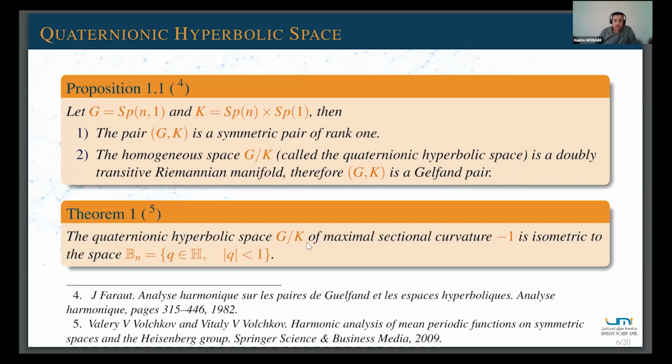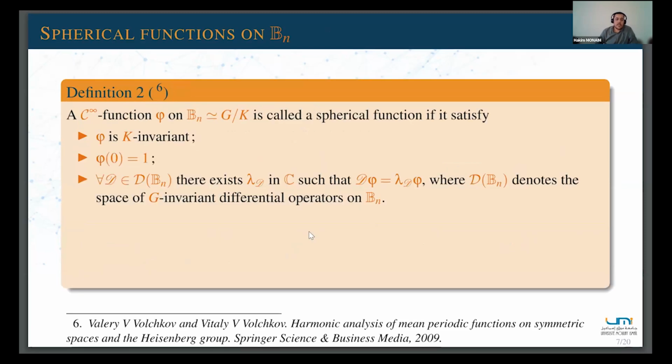The quaternionic hyperbolic space of maximal sectional curvature -1 is isometric to the unit ball. So our work will be on the unit ball, which is isomorphic to the hyperbolic space. A smooth function phi on the unit ball is called a spherical function if it obeys these properties.